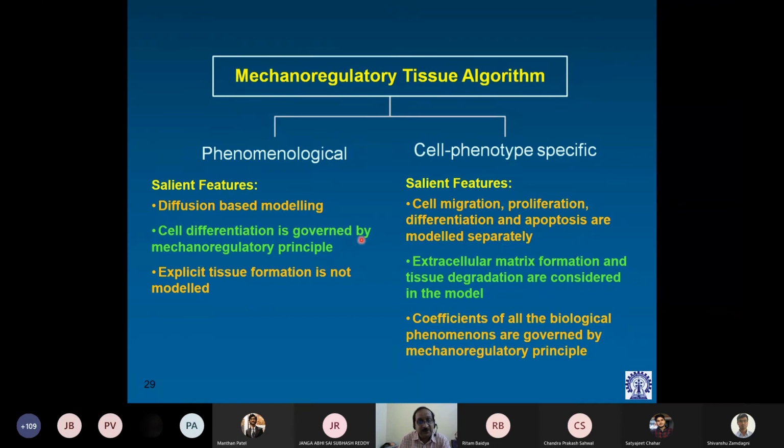Cell differentiation is governed by a mechanoregulatory principle that I have explained with the table. Explicit tissue formation is not modeled here. So there is no mass of tissue formation being calculated in the phenomenological model. The mass of tissue formed, for which we showed you three equations corresponding to bone, fibrous tissue, and cartilage, corresponds to the cell phenotype model.